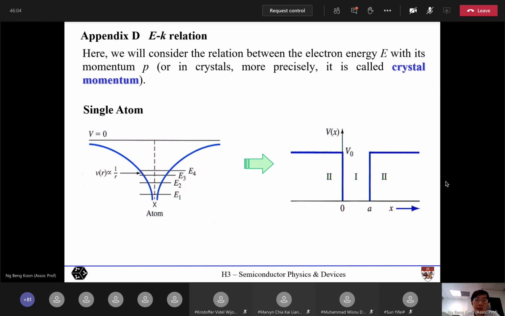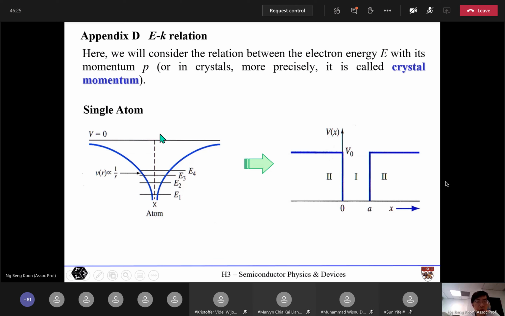Before we talk about the energy against momentum relation of a crystal, let's look at a simple setup first, like a single atom, and see whether we can derive the EK relation for an electron around a single atom.